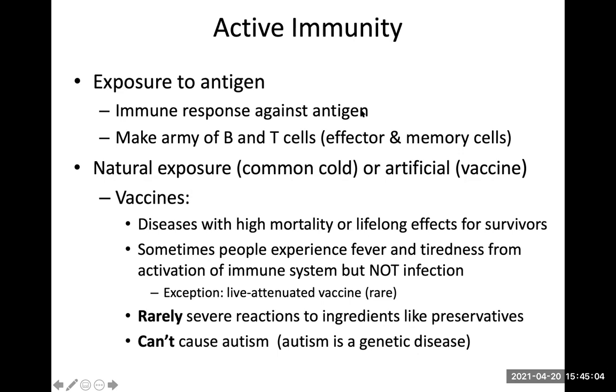So people fear that they will actually get the disease, which for almost all of the vaccines is not even possible. The exception is the live attenuated vaccine. So we currently have a couple of vaccines that are a weakened form of the pathogen, and we call those live attenuated vaccines. We only do this when we have no other choice. Okay.